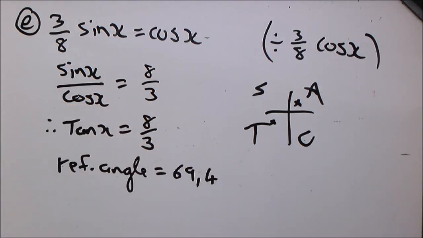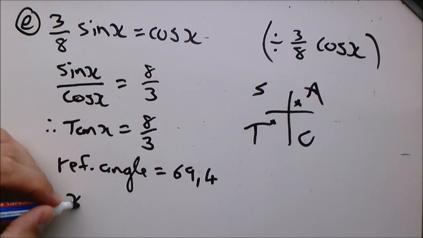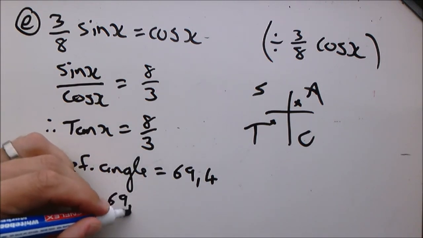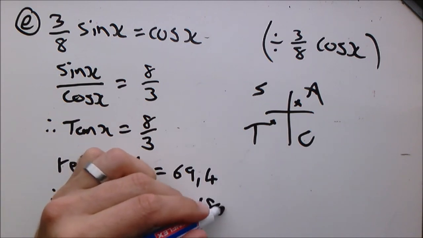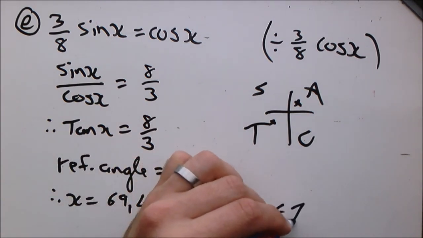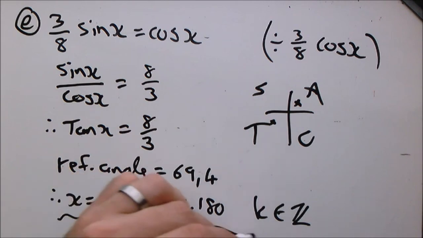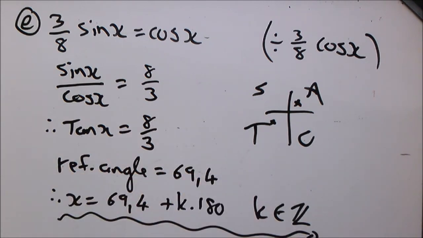Remember they said 1 decimal place. And we're working in the first quadrant, so therefore x is equal to 69,4 plus k times 180, because we're working with tan. And that's the solution.